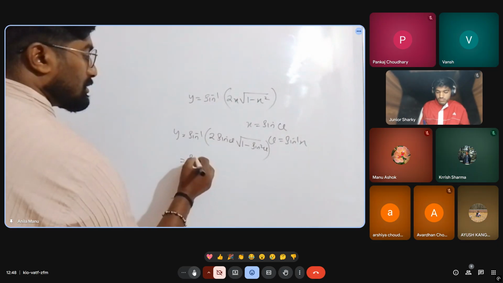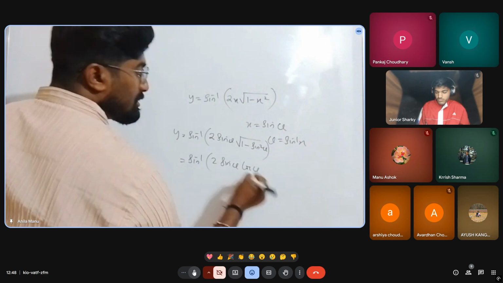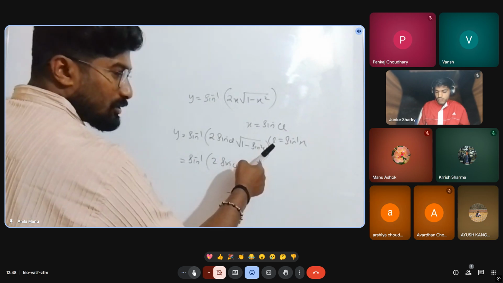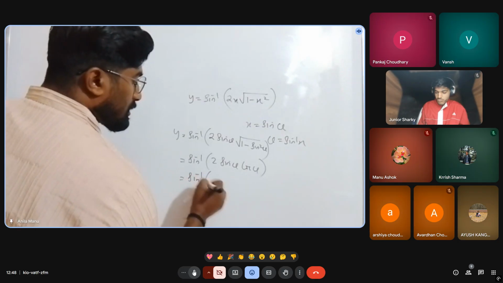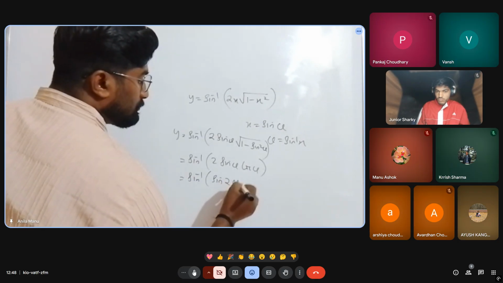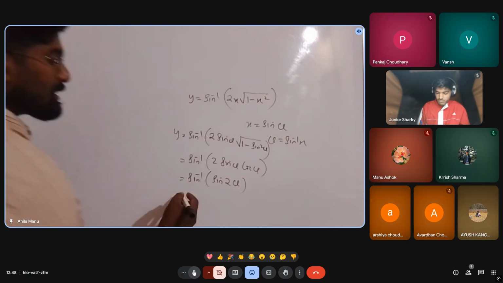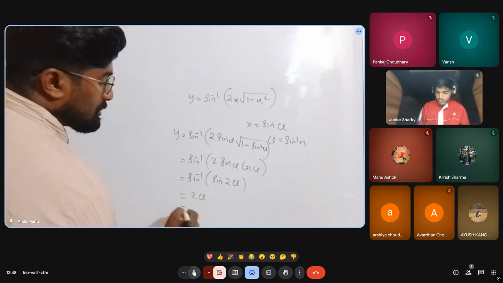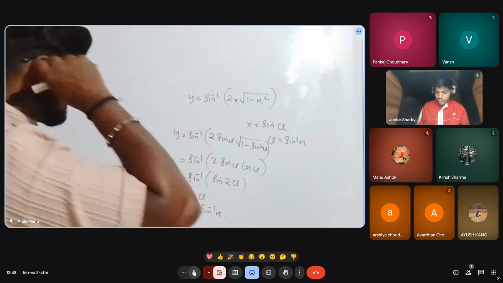That is equal to sine inverse of 2 sine theta cos theta, since square root of 1 minus sine square theta is square root of cos square theta, which is cos theta. So sine inverse of sine 2 theta, which is 2 theta. That is equal to 2 into sine inverse of x.